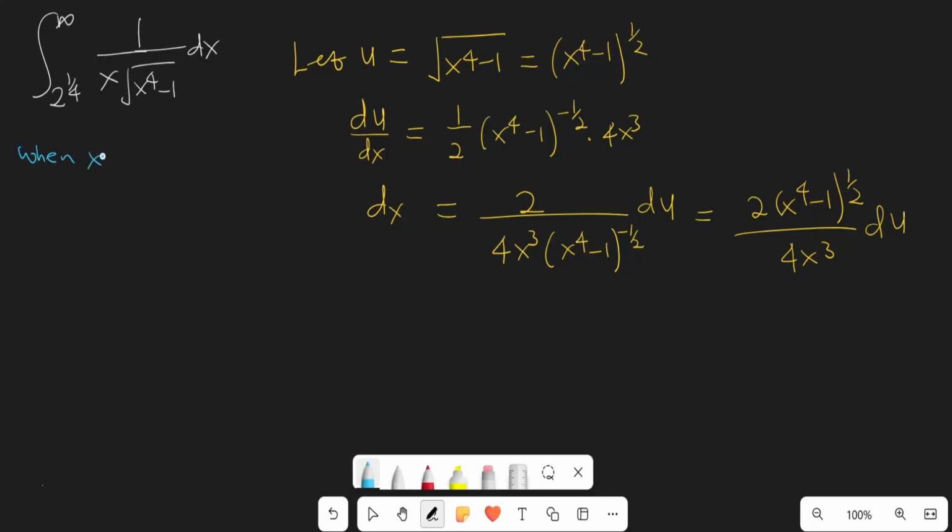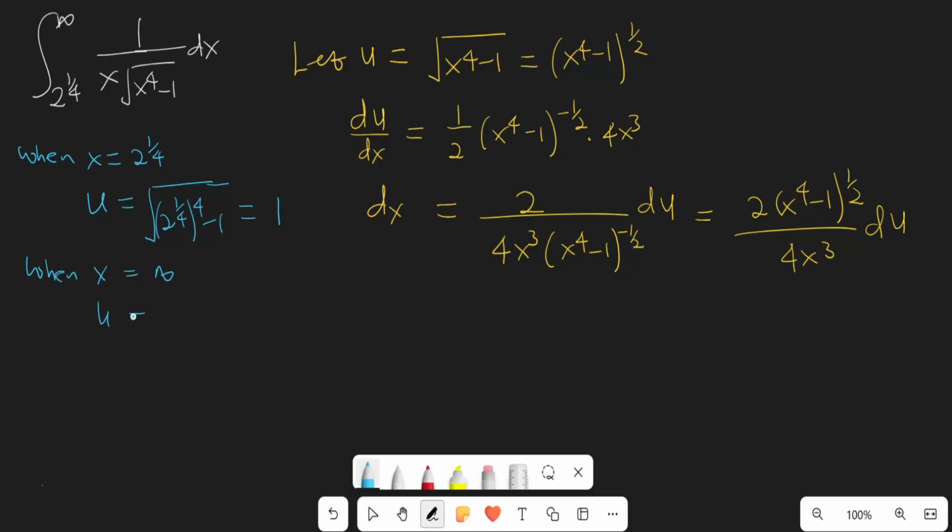When x is equal to 2^(1/4), what happens to u? u is going to be the square root of (2^(1/4)) raised to the 4th power minus 1, which is the square root of 2 minus 1, which is 1. What about when x is equal to infinity?